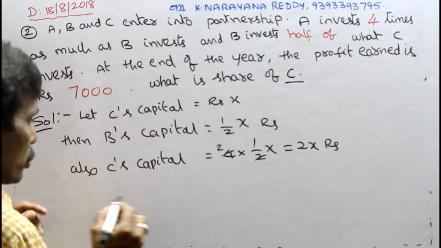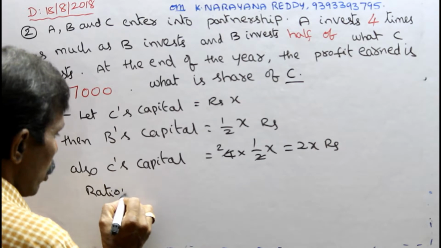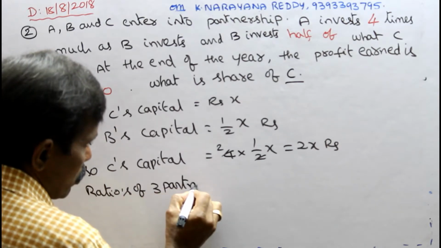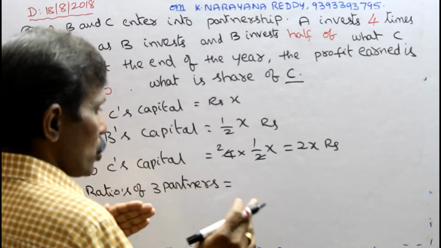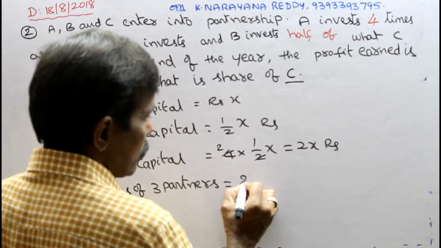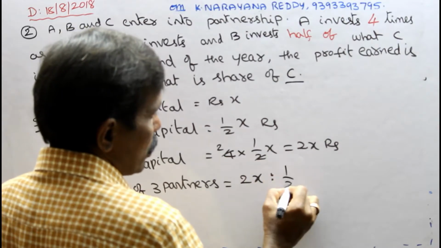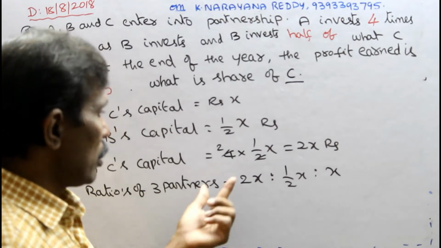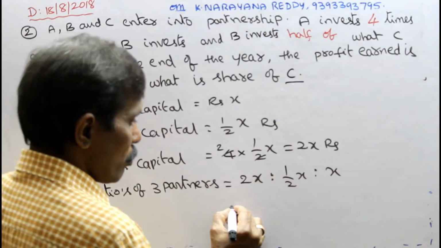Now the ratio of the three partners. Who are the three partners? A, B, and C. So A's investment is 2X, B is half of X, C is X. So A, B, C. Now what do you get?